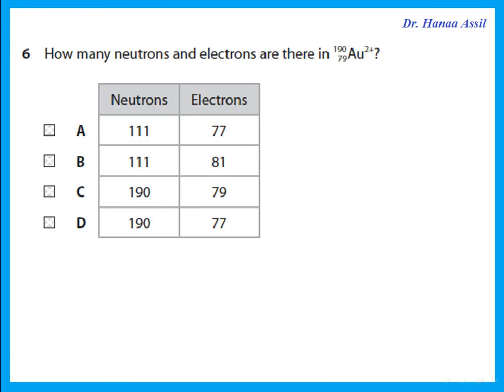How many neutrons and electrons are there in this? Okay, we have Au, which is gold, of course, with a 2+ charge. Now, how many neutrons? How do we get neutrons? You should know that we get neutrons by subtracting the mass number minus the atomic number, or the big number minus the small number.